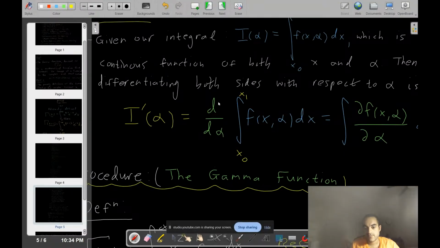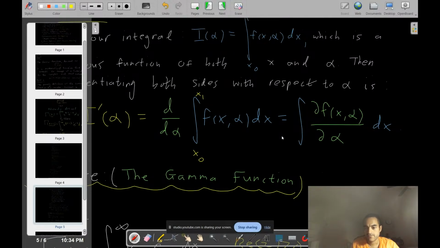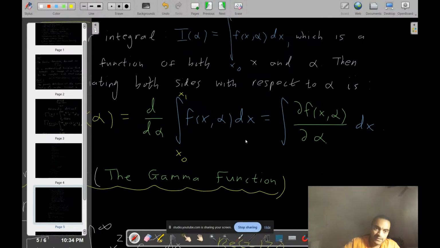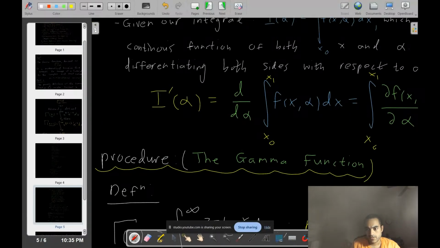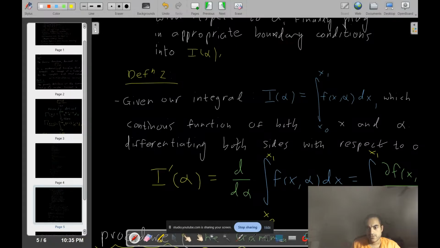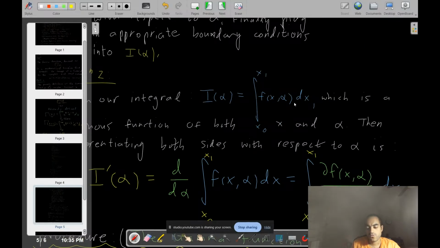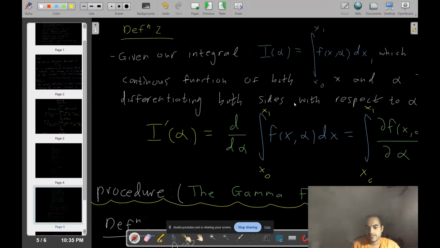I prime of alpha is equal to d by d alpha of the integral from x0 to x1 of f of x comma alpha dx, which is equal to the integral, again x0 to x1, of the partial derivative of f of x comma alpha with respect to alpha, dx. Okay, so this is definition 2. This is continuing on how it looks mathematically, more formalized, when we differentiate under the integral sign.